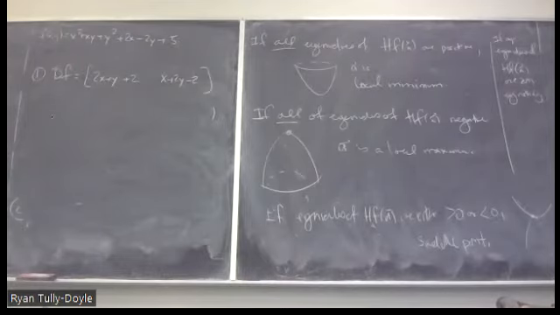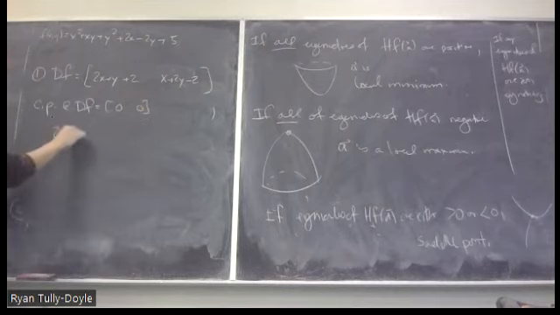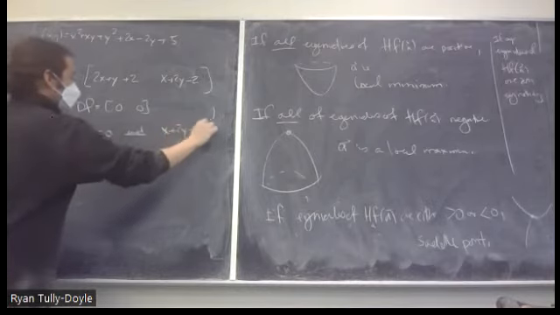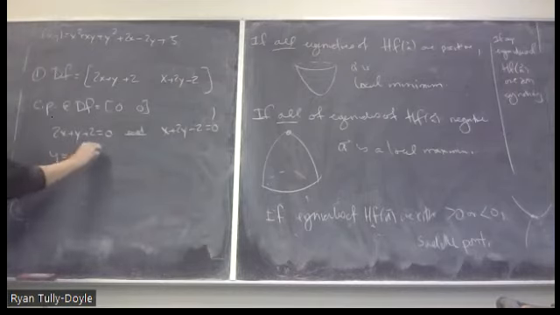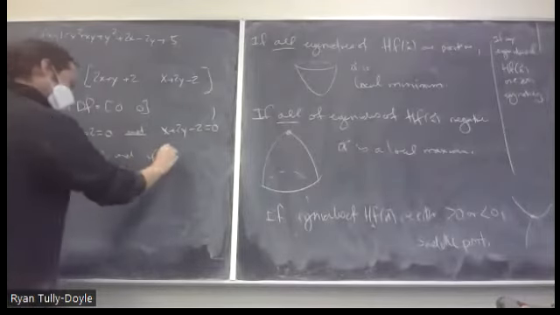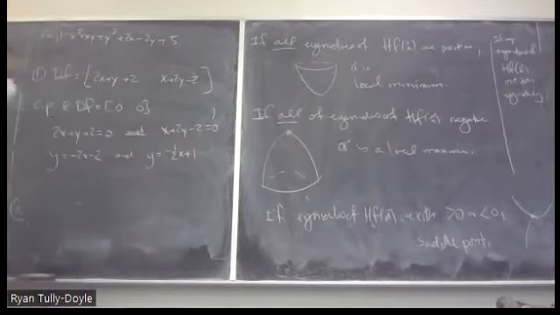Critical points happen where df is equal to 0, the zero matrix. So 2x plus y plus 2 has to be equal to 0, and x plus 2y minus 2 has to be equal to 0. So that means y has to be equal to minus 2x minus 2, and y has to be equal to minus 1/2 x plus 1.